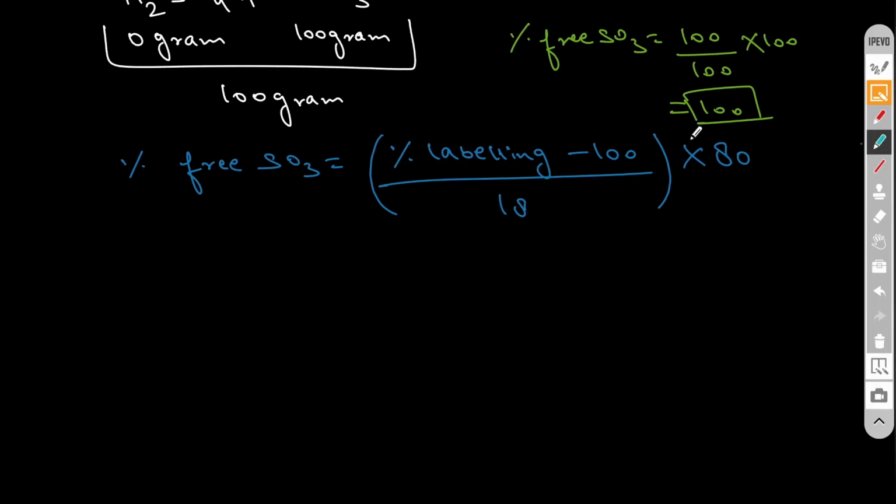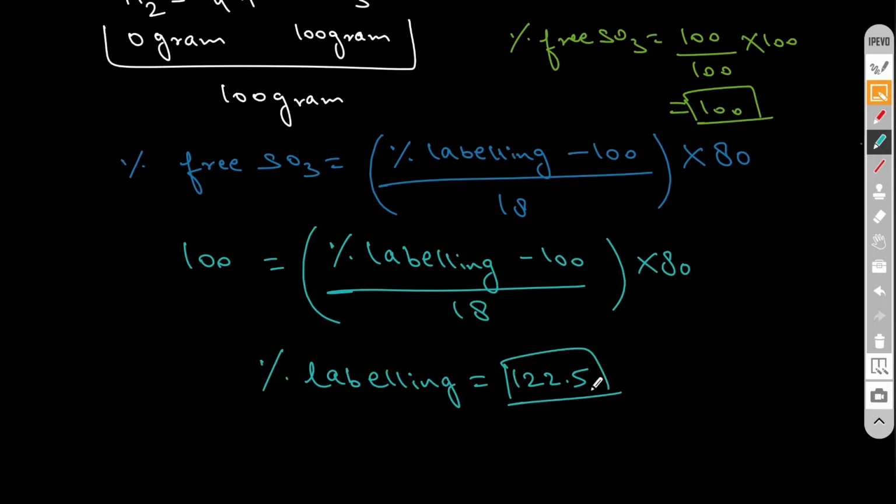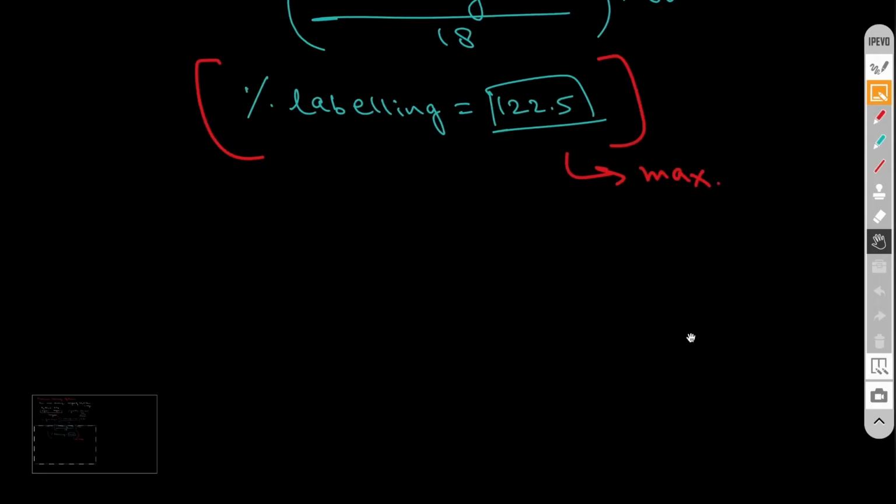Simply putting the value, 100 is equal to percentage labeling minus 100 divided by 18 multiplied by 80. On solving, we'll get percentage labeling is equal to 122.5 percentage. So this is the maximum value of percentage labeling of oleum.